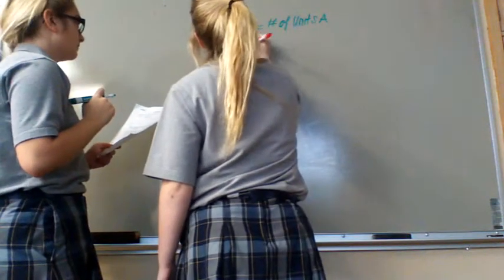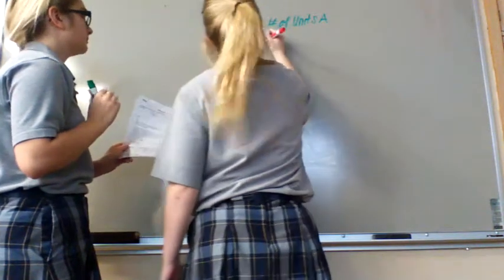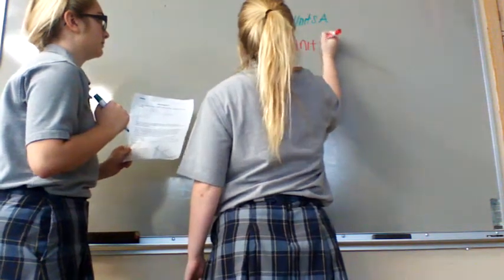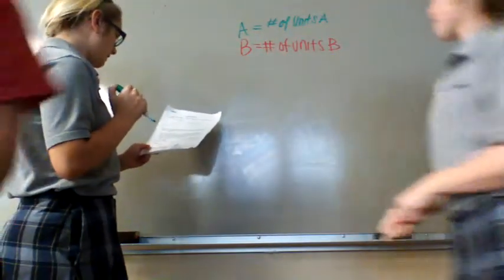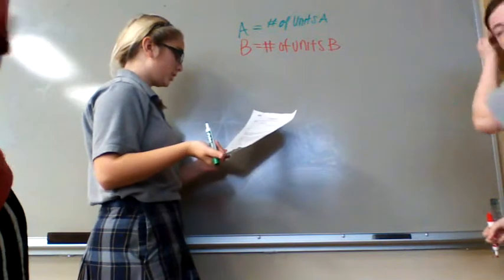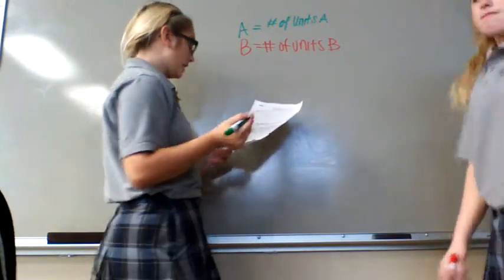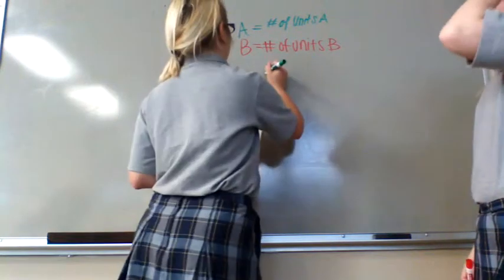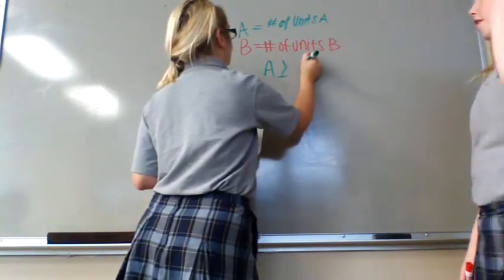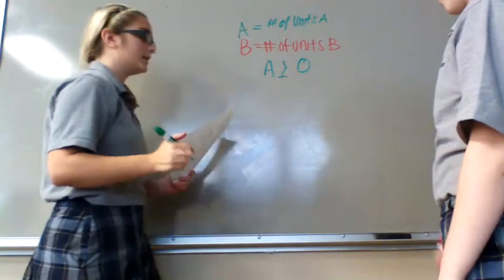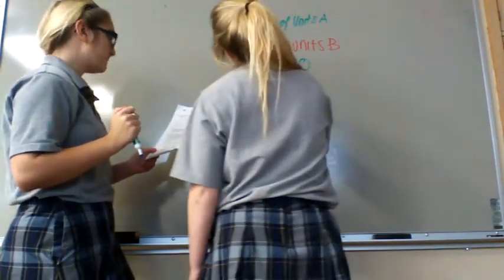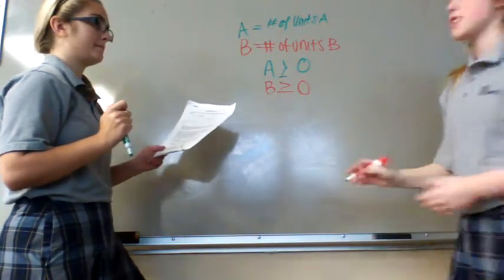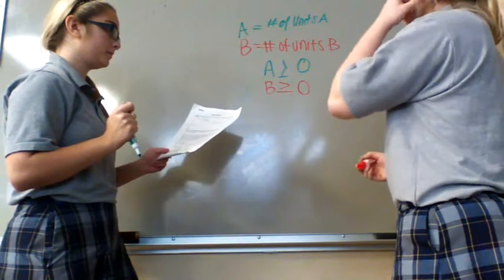Okay. B, number of units B. And then for our first constraints, we know that A cannot be smaller than 0. So A has to be greater than or equal to 0, and the same applies for B. Those are basically like X and Y, if you really think about it.